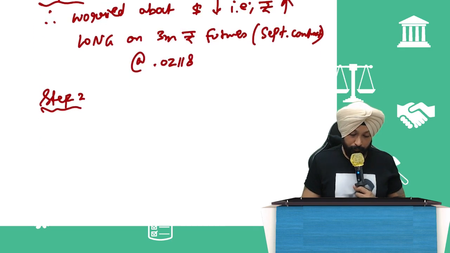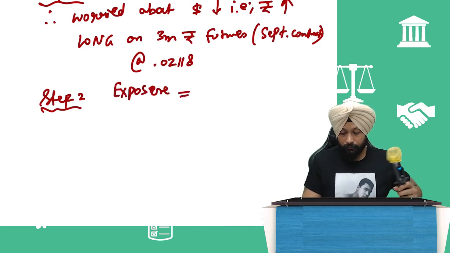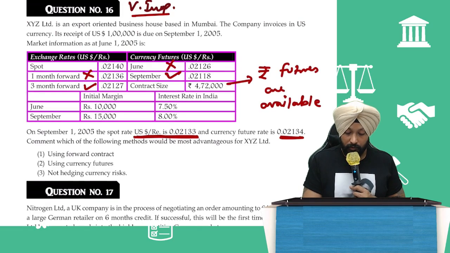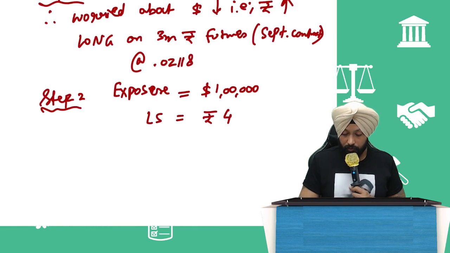Step 2. Exposure is equal to $1 lakh. And lot size is equal to rupees 4,72,000.